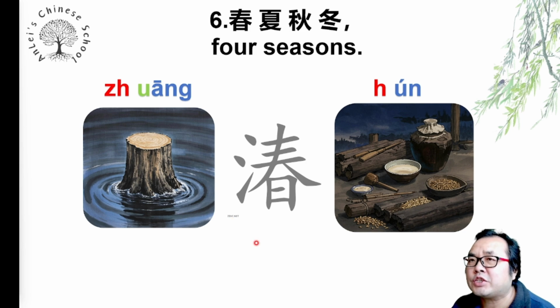There are two pronunciations. 庄, zhuāng, means a tree stump in deep water. Another pronunciation is 浑, hún, meaning muddy. Remember, chun has another meaning, alcohol. So putting 3 dot water on the left means the alcohol is muddy.